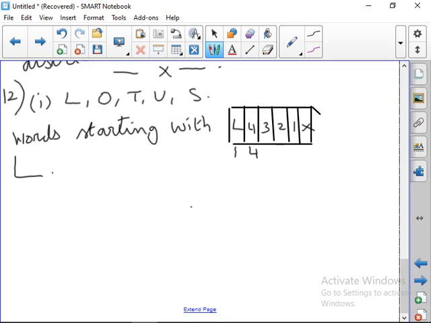So second letter can be selected in 4 ways. Third one in 3 ways. Then 2 ways and 1 way.